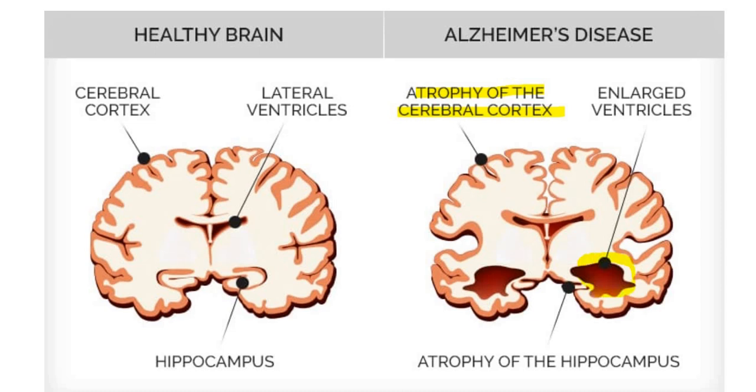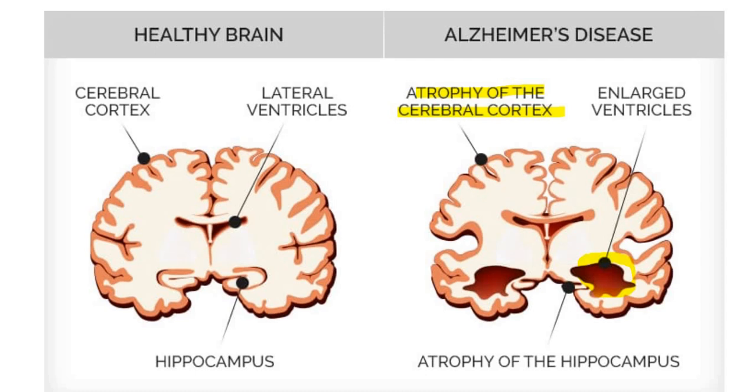And there is also an atrophy of the hippocampus. Here the hippocampus was very prominent, here the hippocampus wastes away or wears away, that is atrophy of hippocampus. So that was the neuropathology of Alzheimer's.